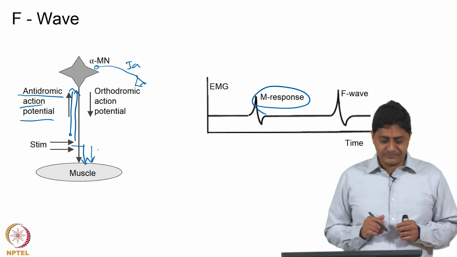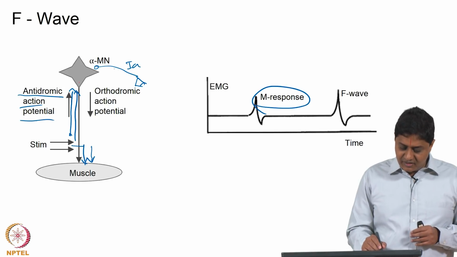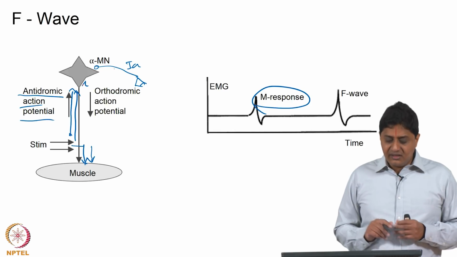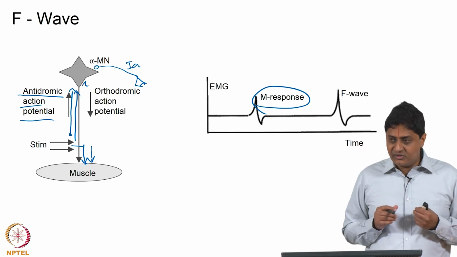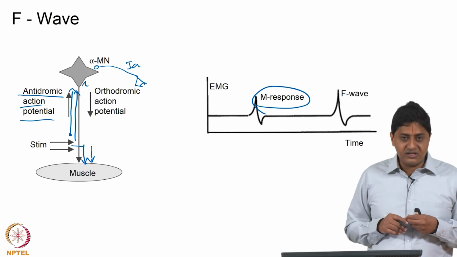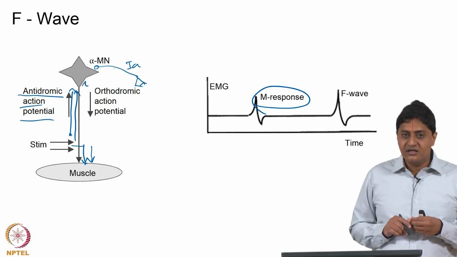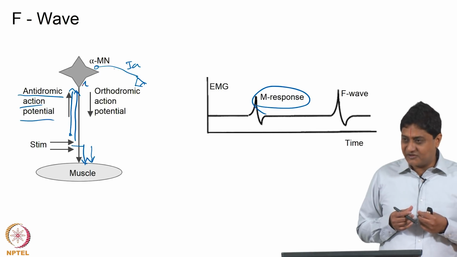In both directions. Now, is it possible that this action potential could reach there and cause one more action potential here at the axon hillock? Again, due to the peculiarities involved in the generation of action potential at the axon hillock, this is purely dependent on the timing at which it arrives.